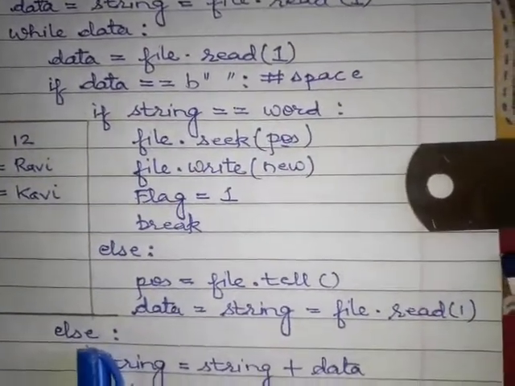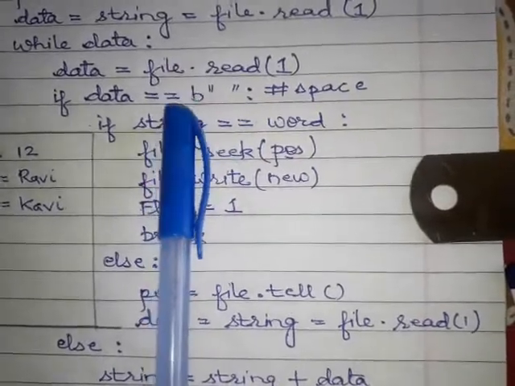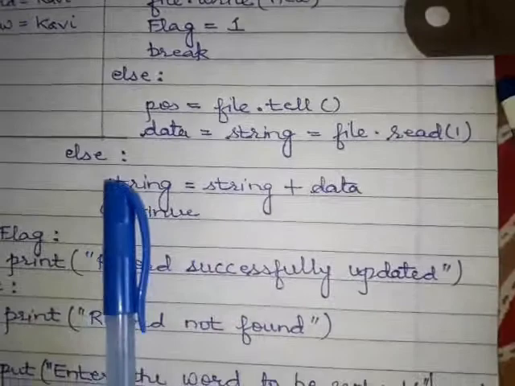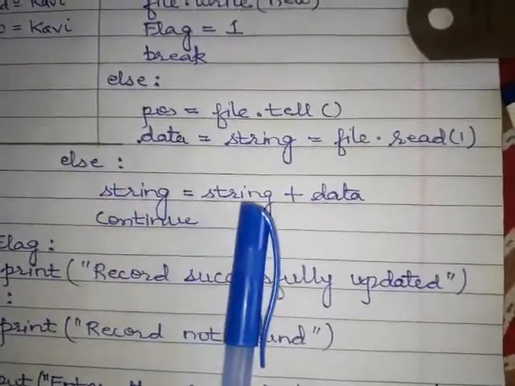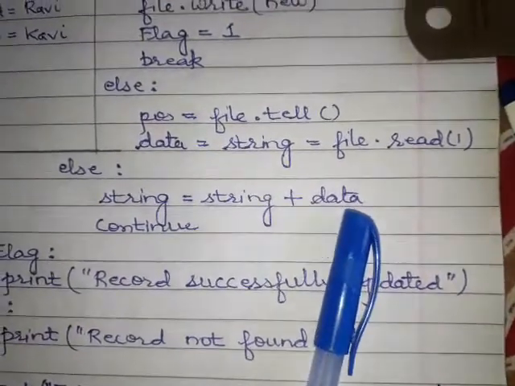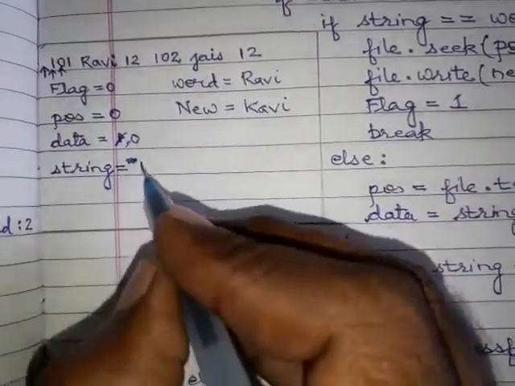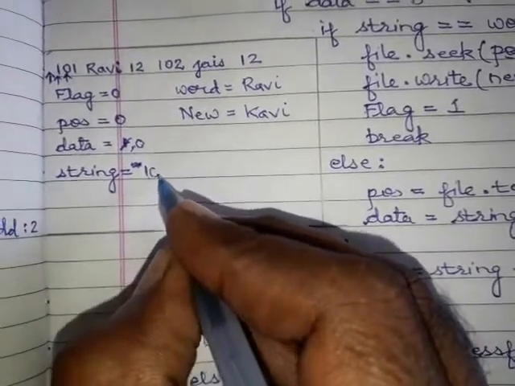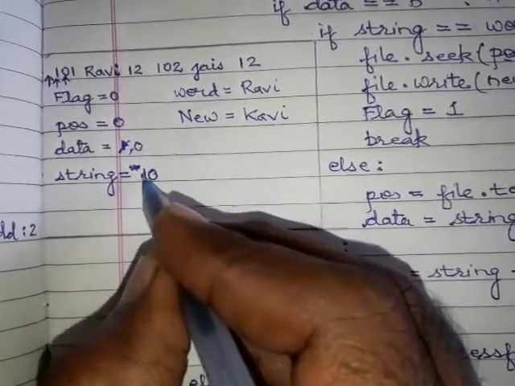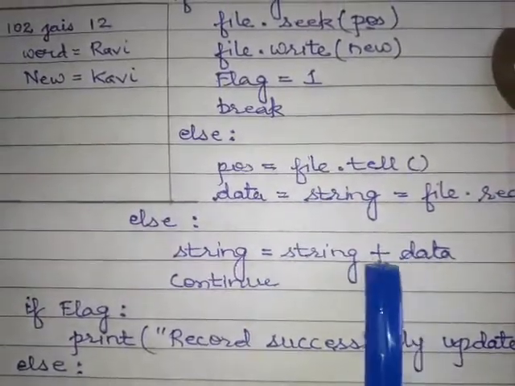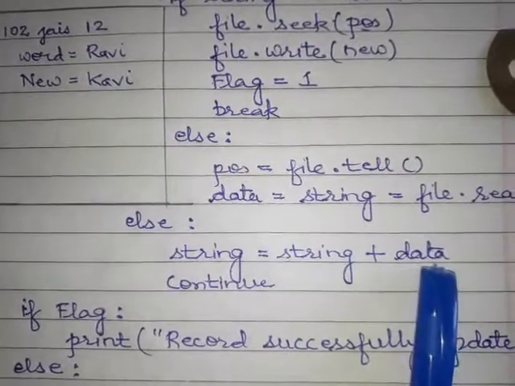The else part of this if is here. If this condition is false, as it initially is, we go to the else part. Else part: string equals string plus data. So here string is 1 plus 0, which means 10, because for strings the plus operator acts as concatenation.